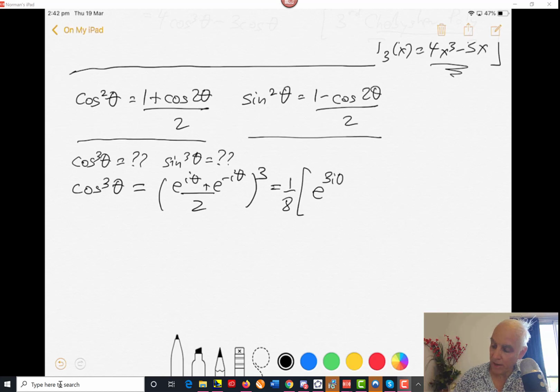Okay. And then plus 3 times the square of the first one, which will be e to the 2i theta, times the second one, e to the minus i theta. Maybe I'll go down here. Plus 3 times the first one, e to the i theta, times the square of the second, it's e to the minus 2i theta. And finally, the last one, e to the minus i theta, all cubed.